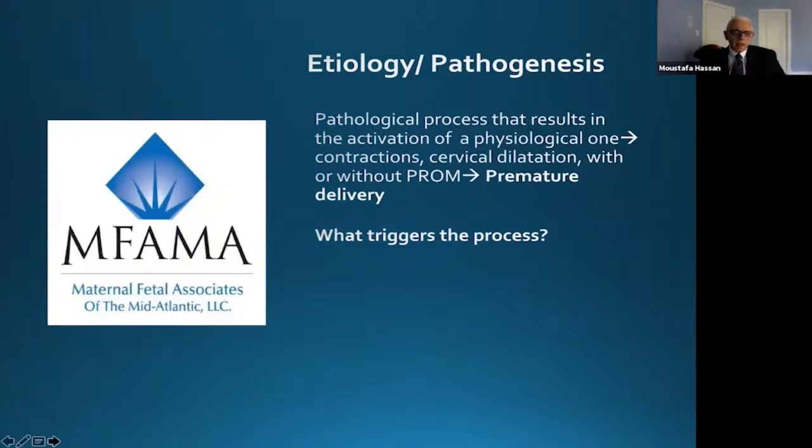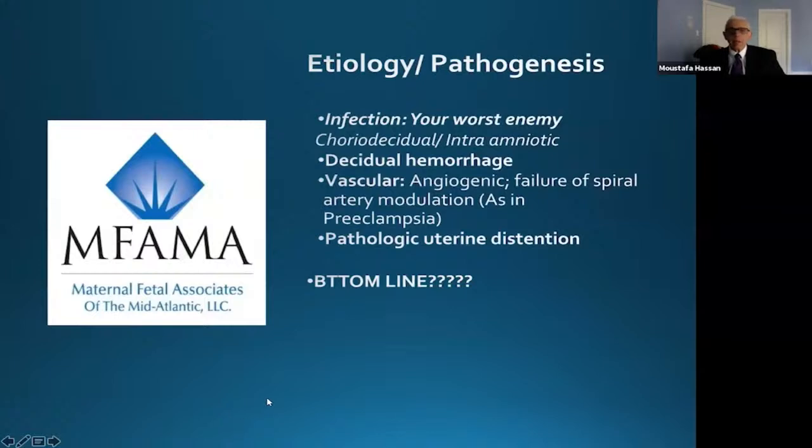Now, what triggers this process? Infection is your worst enemy, as I indicated before, especially before it gets into the amniotic cavity, at the level of the choriodecidual space. And then you have decidual hemorrhage, which is abruption in this case, or vascular causes, such as failure of remodeling of the spiral arteries, such as in preeclampsia, or pathological uterine distension.